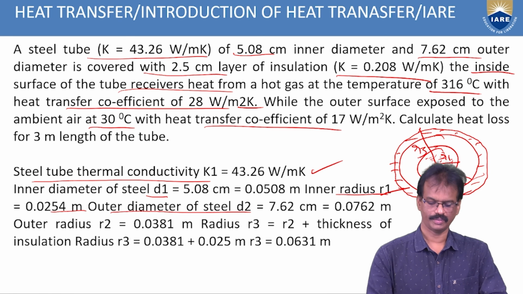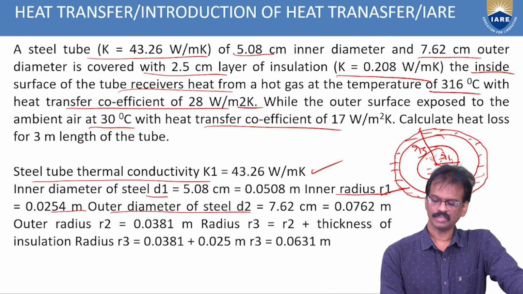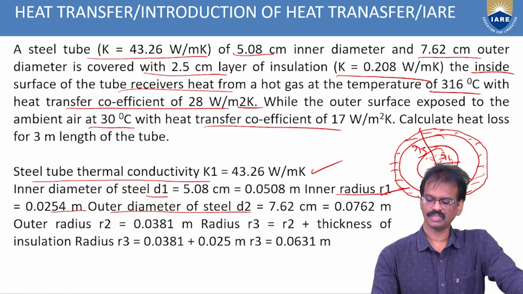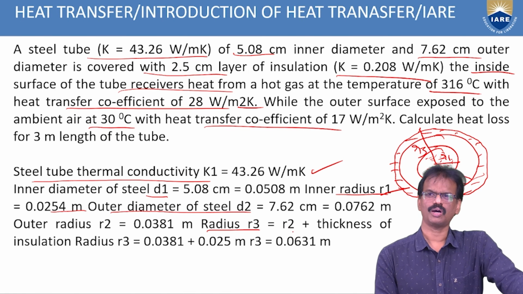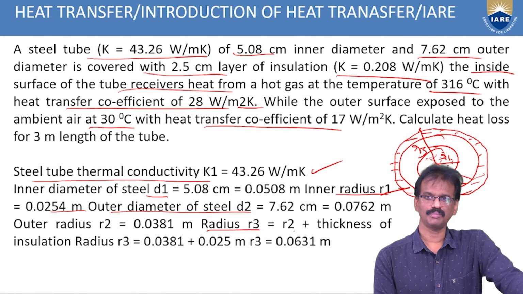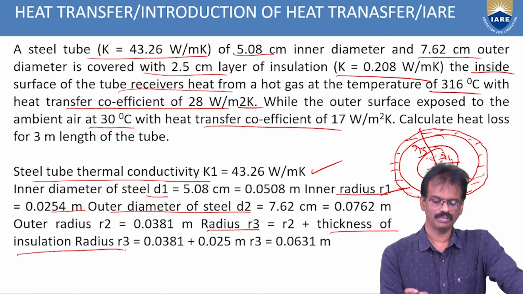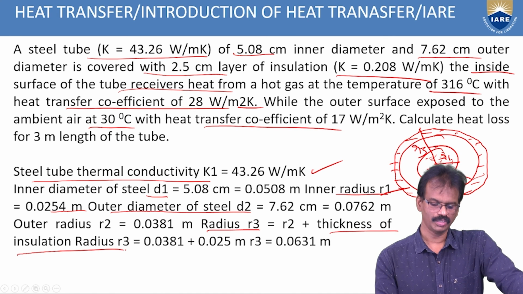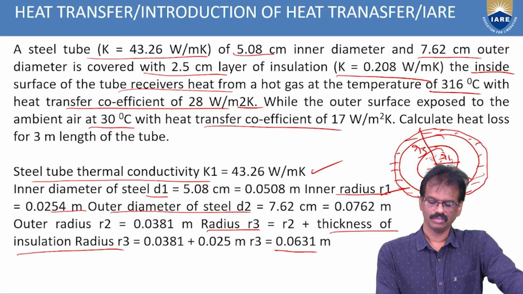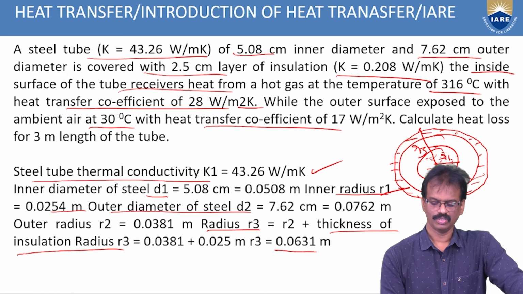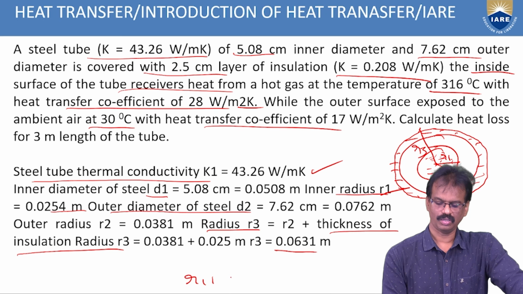R3 means R2 plus the thickness of the insulating material. So R3 is equal to the outside radius of the steel pipe plus the thickness of the insulating material. Then R3 is 0.0631. Finally, you know R1, R2 and R3.